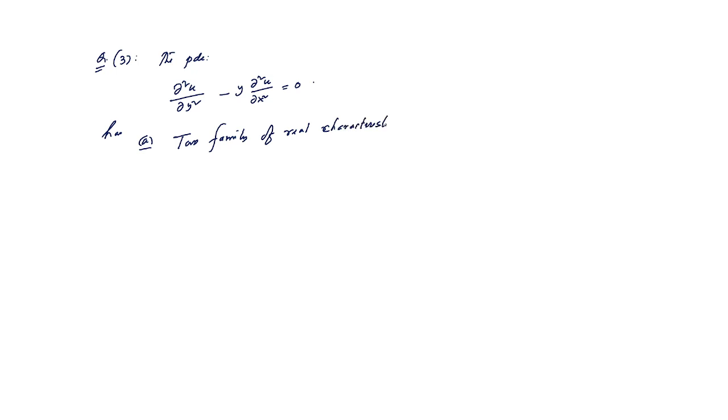The partial differential equation ∂²u/∂y² minus y ∂²u/∂x² equals 0 has option A: two families of real characteristic curves.